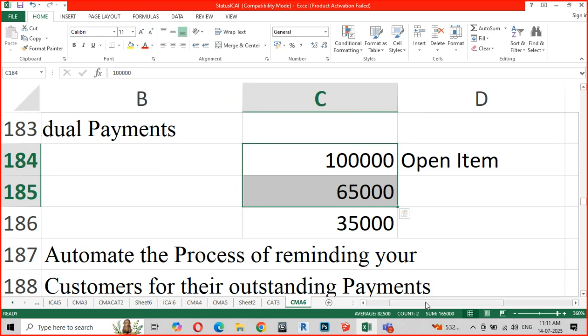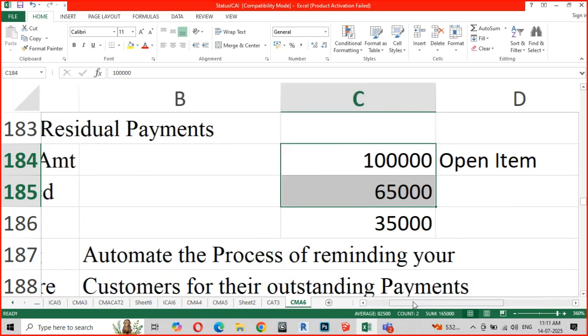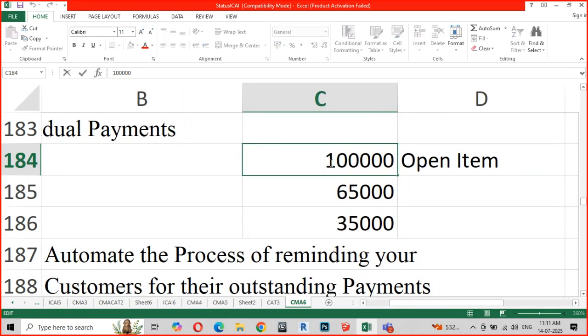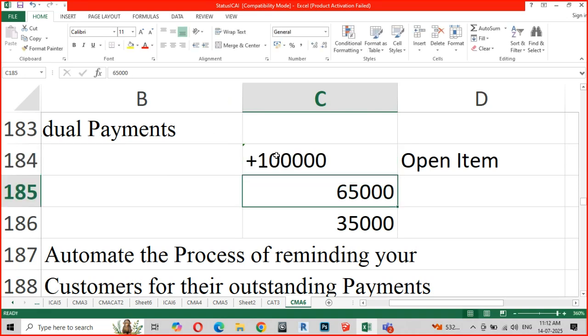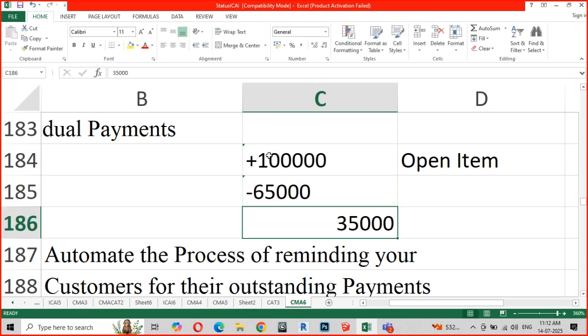So what does it do? For the customer, it shows a debit, a plus balance. Your SAP system reflects both these items.